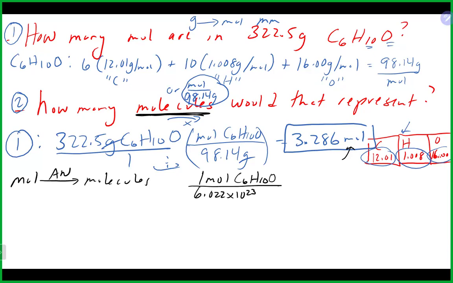And as an earlier question was, in this case, this is not just an element by itself. It is a compound or a molecule. So we do use molecules here as the unit associated with Avogadro's number. And just like any conversion factor, we could flip it around and do the Avogadro's number up on top and the moles on the bottom.